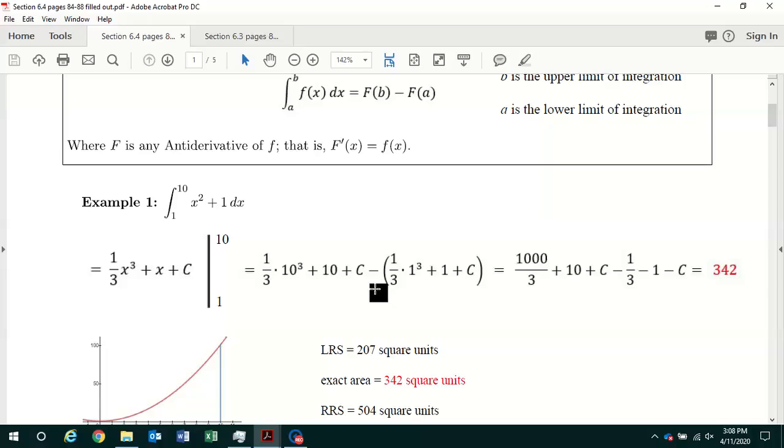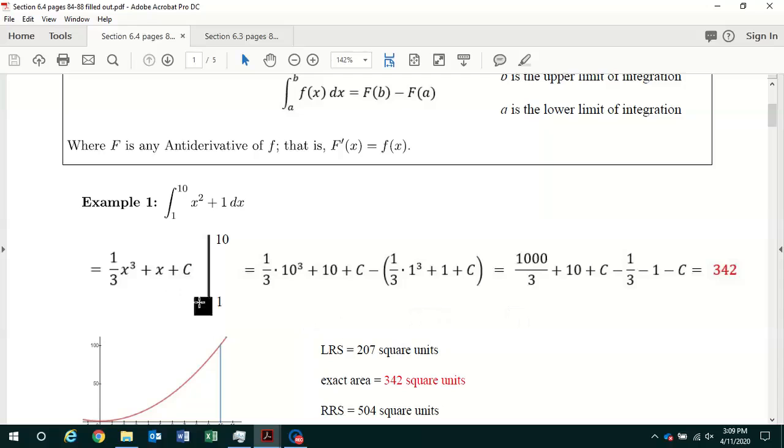When you subtract and put in the lower limit of integration for x, always put what you're subtracting inside parentheses, or you'll only change the sign of the first term and not the second and third terms. So it's minus parentheses 1/3 times 1 cubed plus 1 plus c.